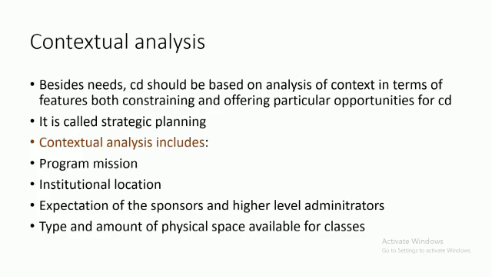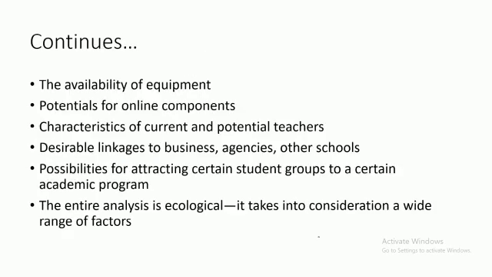And that vision has to be matched with the mission, and how and why and what we want to achieve, what we want to have done successfully by our students, that is called the program mission. Then institutional location is also a matter of contextual analysis. And the expectation of the sponsors and higher level administrators, type and amount of physical space available for classes, all these things are under contextual analysis.